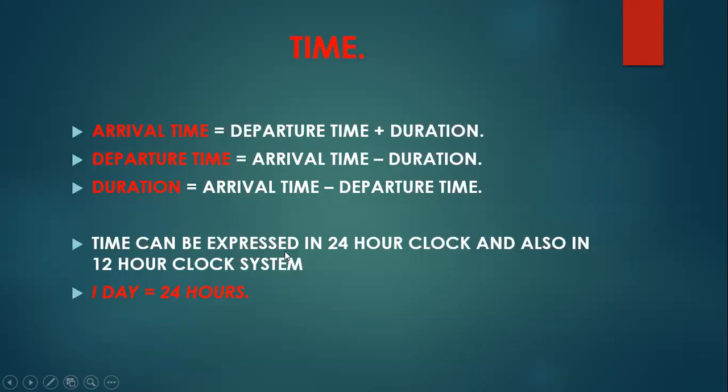Time can be expressed in 24-hour clock system and also in 12-hour clock system as seen from the previous table. And also understand that 1 day is equal to 24 hours. 1 day is equivalent to 24 hours. So 2 days is 48 hours, 3 days, 72 hours, and so forth. So this formula will be very helpful for us as we continue with this topic.